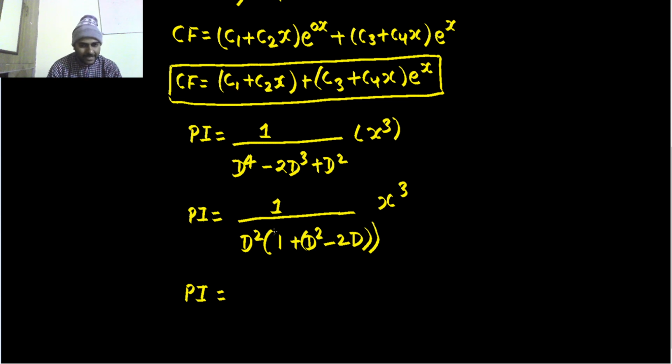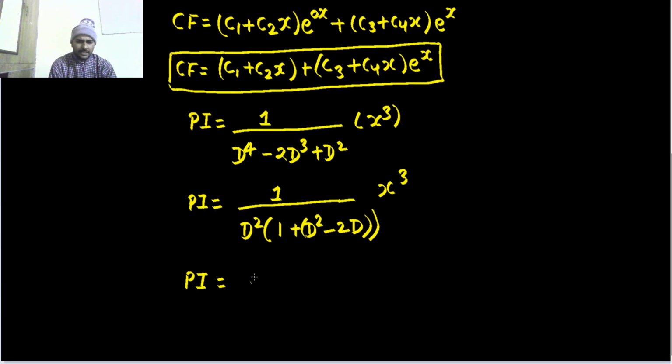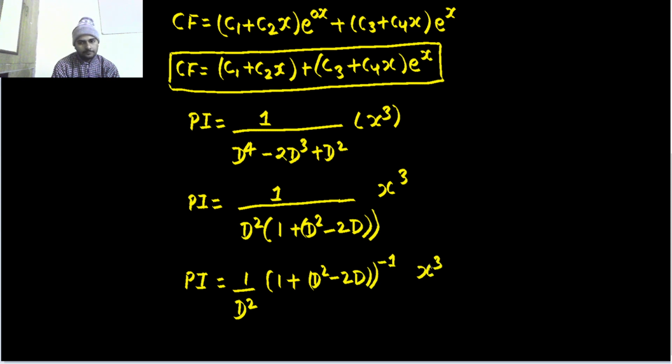Our first target will be to solve for this bracket. 1 upon D^2 we will treat later on, so let it stay as it is in the next few steps. Now this 1 + D^2 - 2D, if it goes up, can be written as (1 + (D^2 - 2D))^(-1), and this is operating on x^3.